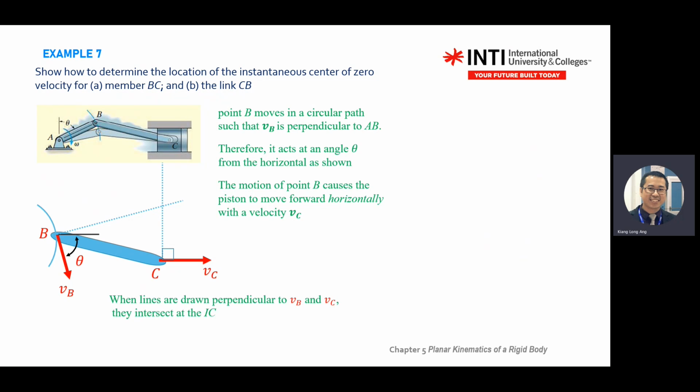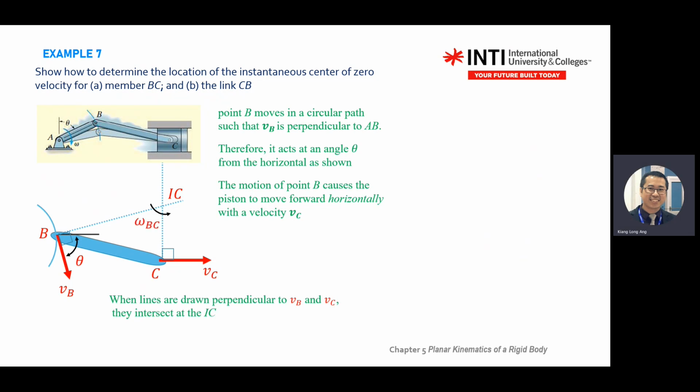Then you also take your ruler, put it on C, and draw a line. So your ruler is very important. If you can, bring a transparent one, which will help you to see where your IC is. Then you mark the IC on your answer sheet and start to put in the information.